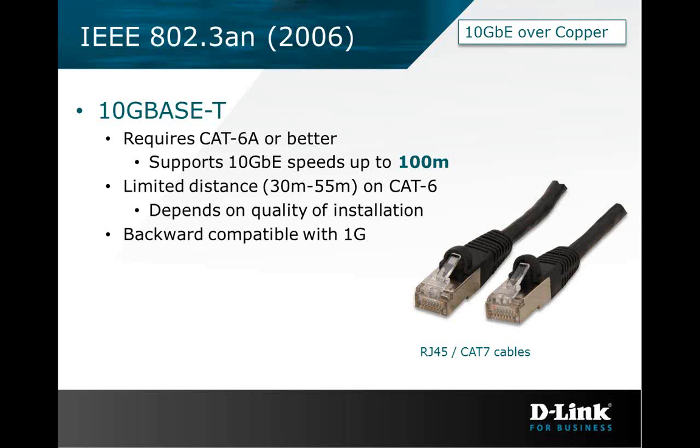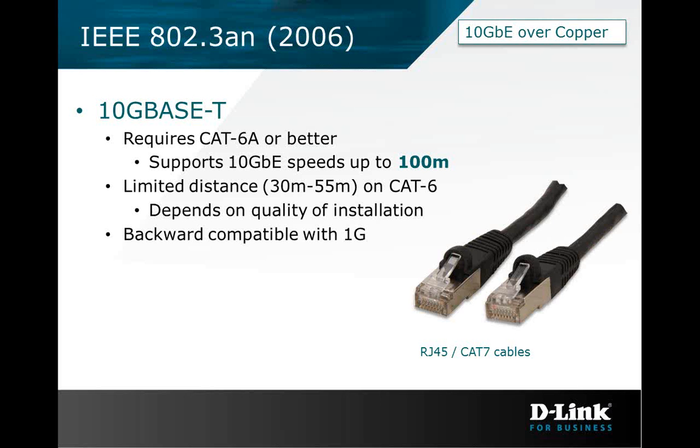10GBASE-T does require Cat6A or Cat7 cabling in order to get the full 100 meters. So if we want 10 gig speeds over 100 meters, we need Cat6A or Cat7. It does support shorter distances over Cat6, but then we start having issues with crosstalk.